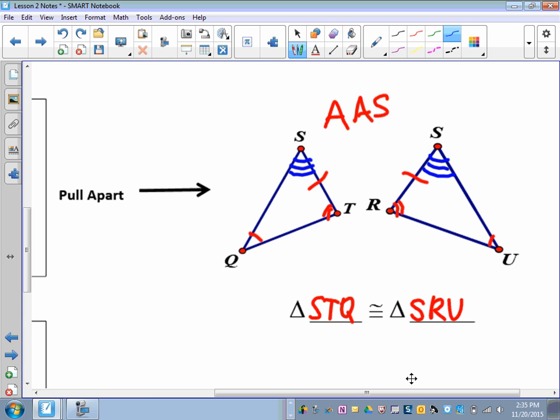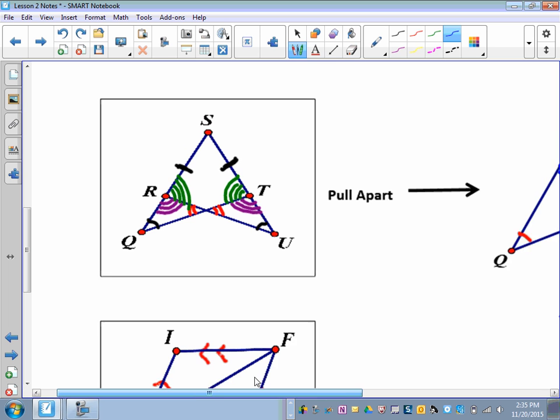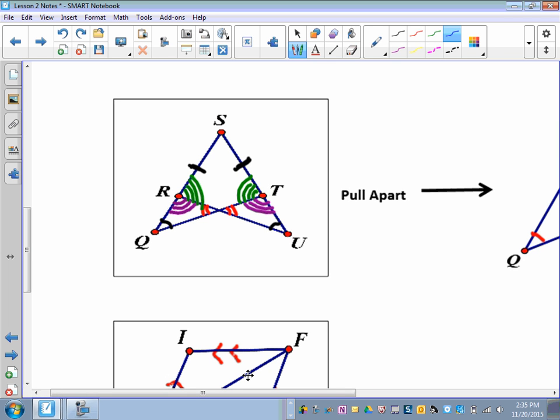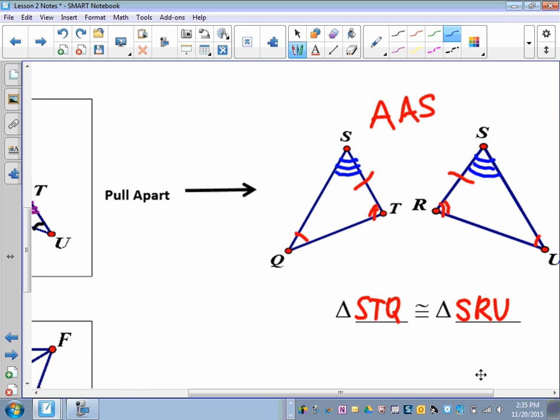So as you see, sometimes, yeah, we actually didn't have to go through all of that work because we had angle S is congruent to itself. So we would have had angle side anyways. But I want you to see how you can have hidden information in there. Look at how much we learned.